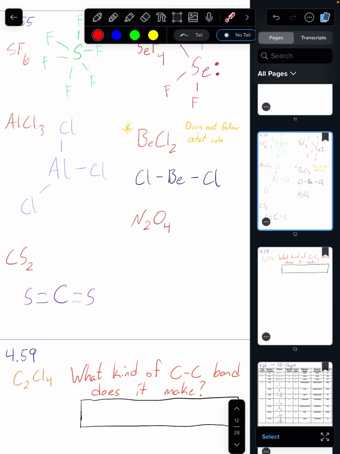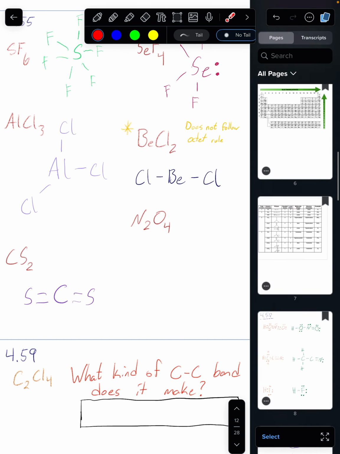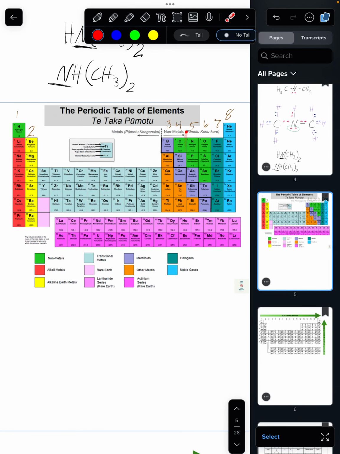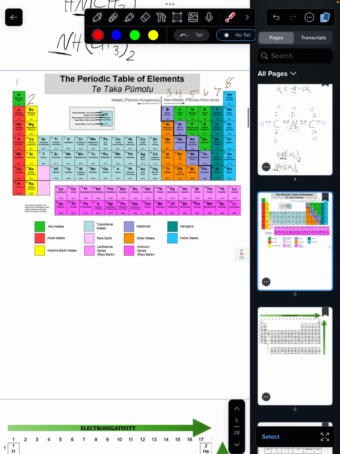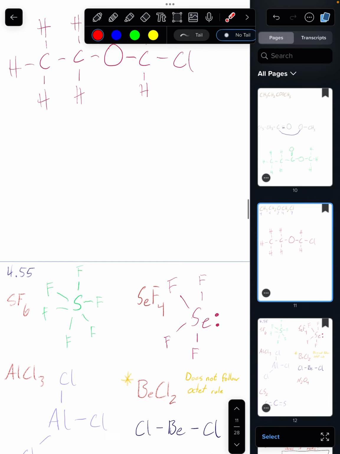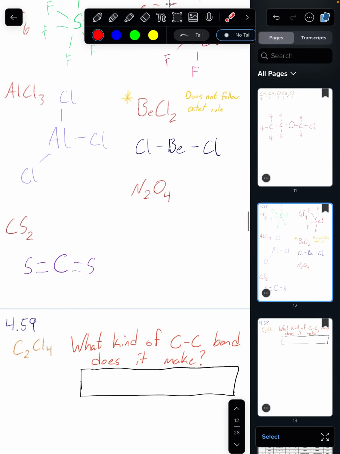Now, our oxygen, we know it likes having 2. And our nitrogen, we can go up and check. Our nitrogen likes 5. Okay? So, we know we have these 2 nitrogens.